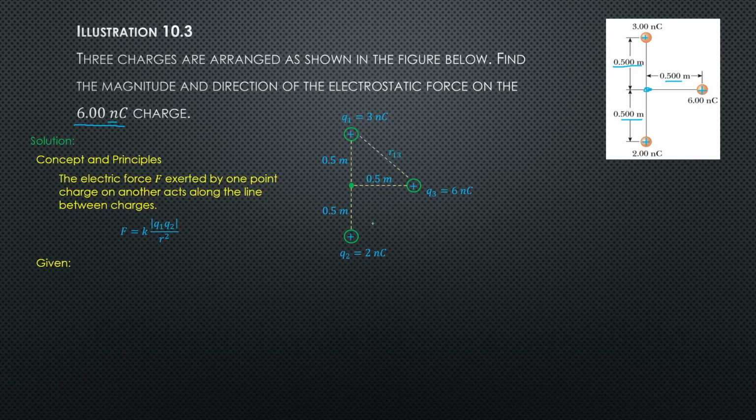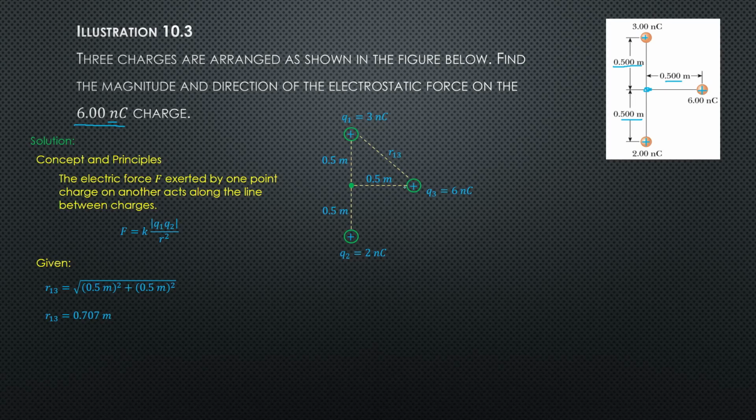Since we are finding the magnitude and direction of the electrostatic force on the 6 nanocoulomb, we need the distance between charge 1 and charge 3. I have denoted it as R13. Solving for that by the Pythagorean theorem, this is a right triangle figure, right?